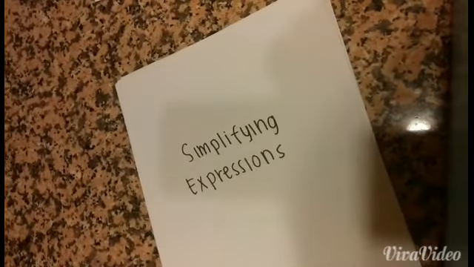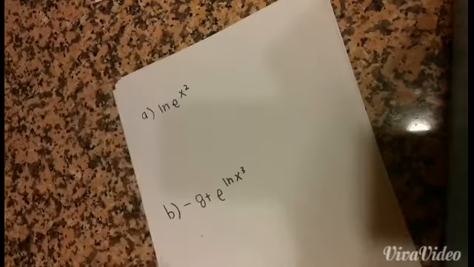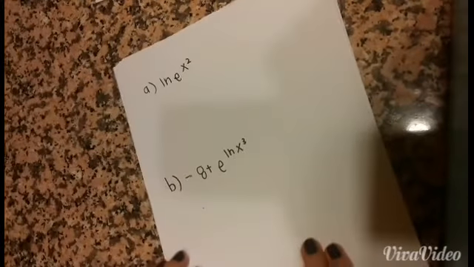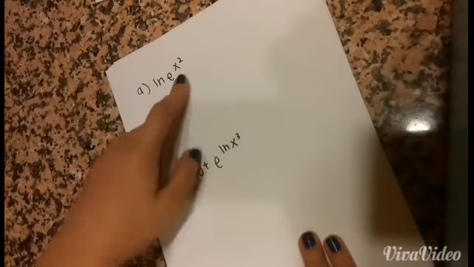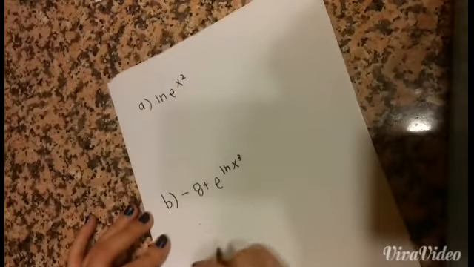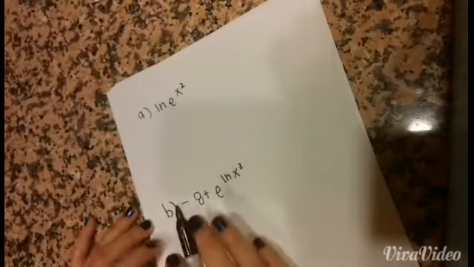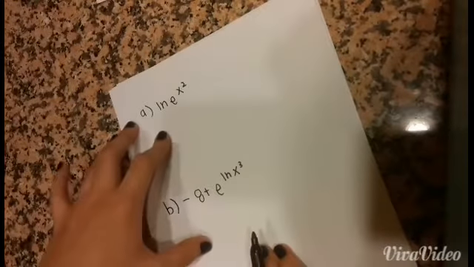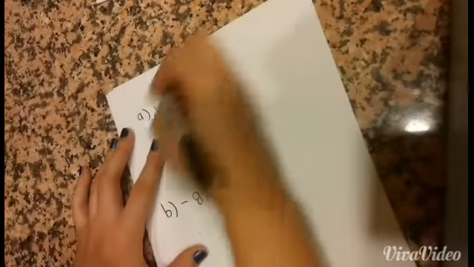One last thing I'm going to be addressing here is simplifying expressions. And these are actually really simple to do. So here we have 2 problems. ln e raised to the x squared. Basically, you have to recognize how the format is.